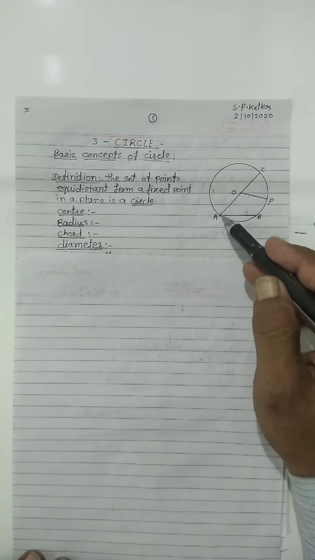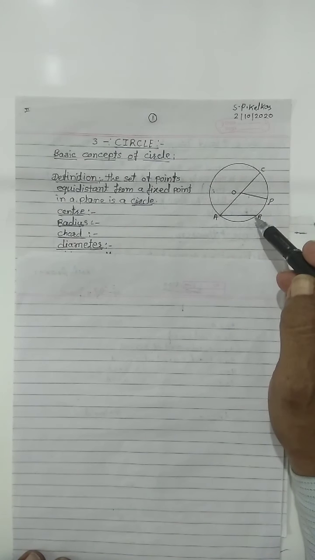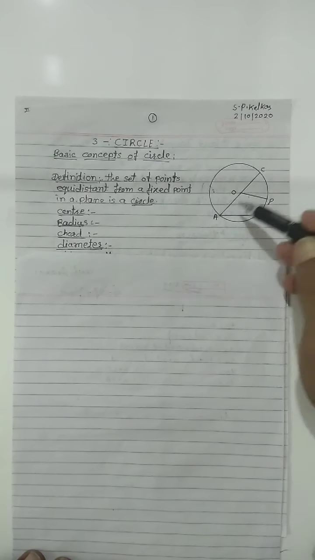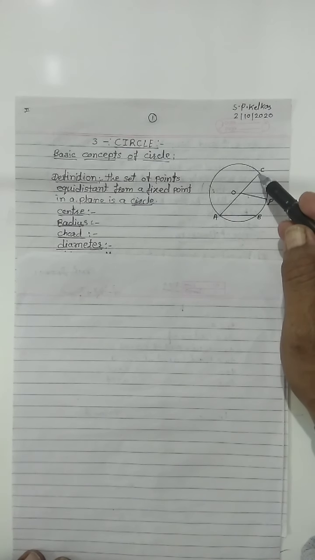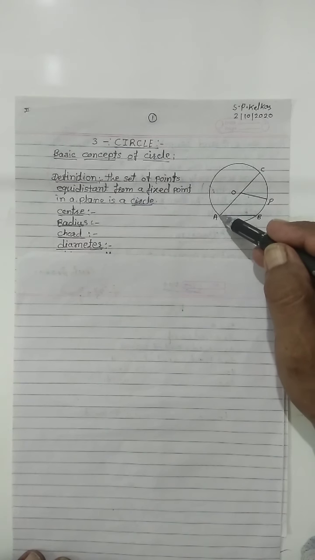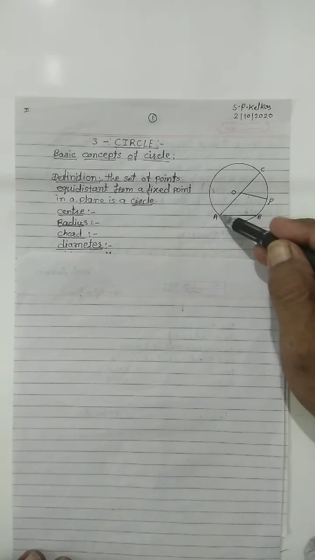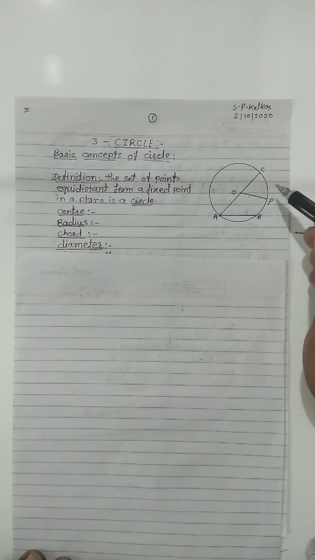So, this diameter is also called a chord of the circle. Now, in this figure, AC is the diameter and length of diameter is equal to twice R, means double of the radius, and AB is also chord and AC is also chord.